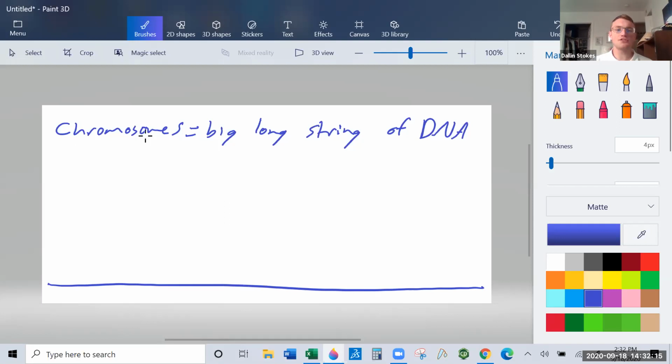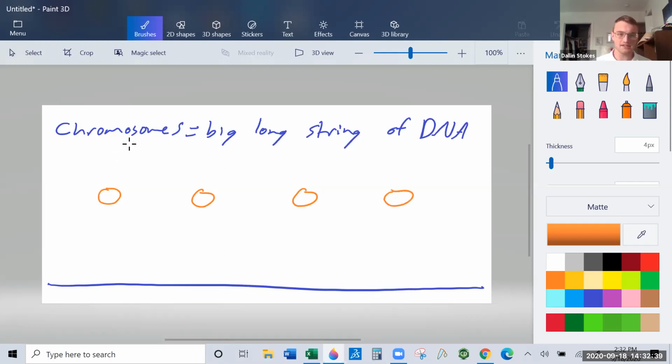So each of these pieces, we need to be able to compact them. And since thread can't really compact itself, we need to have some protein helpers. There are two of them in particular that we ask you to know about this week. These proteins, I'll draw them here as circles. They're spherical or cylindrical in shape.